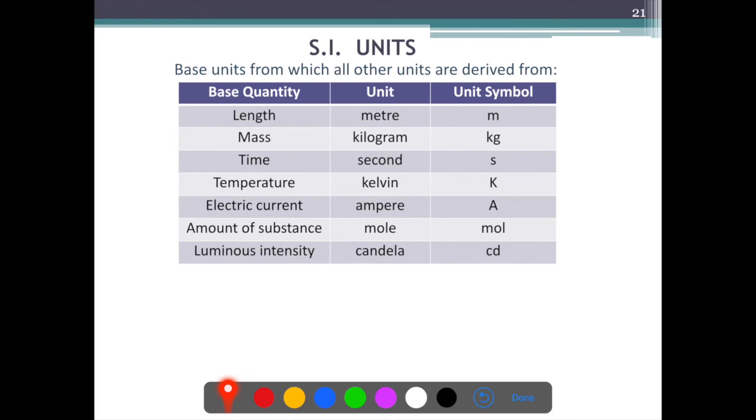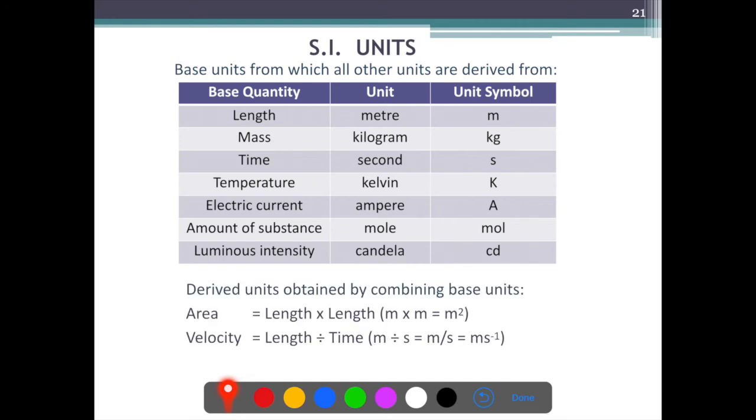Soon, when we go to forces in the next lecture, we will encounter mass, and the unit for mass is kilograms or kg. Later on in the course, we will be talking about temperature, and the SI unit for temperature is Kelvin, capital K. I think for these 3 units, we will not use them so much in this course, but it's just good to know these base units for these quantities as well.